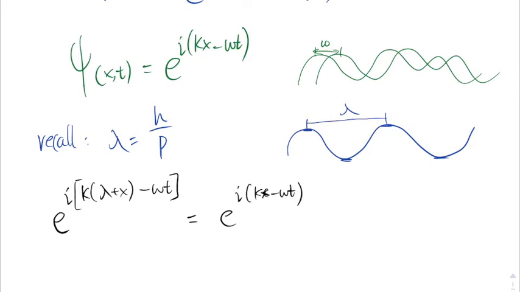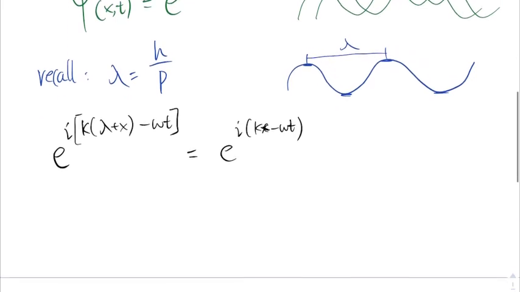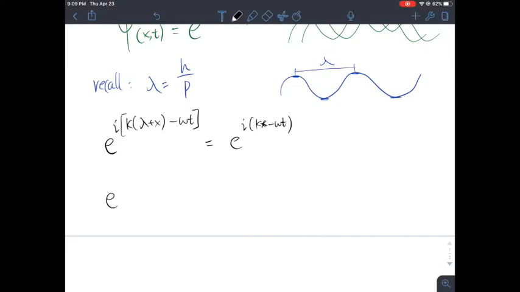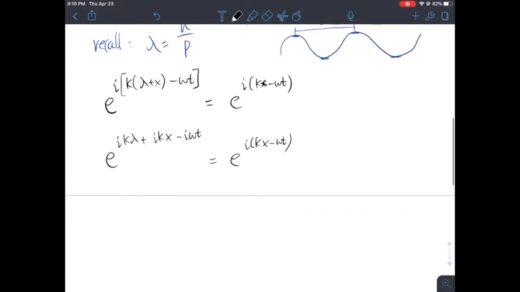So let's do a little bit of simplification. On the left hand side, what we get is e to the i k lambda plus i k x minus i omega t, which is equal to e to the i times (kx minus omega t).